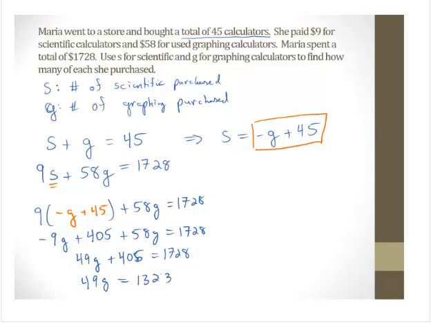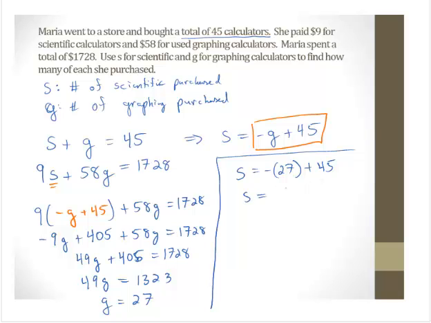And I'll divide through by 49, and G is 27. G is 27, and S is equal to negative G plus 45, so substituting 27, S would equal 18.